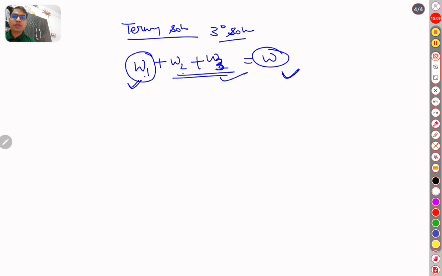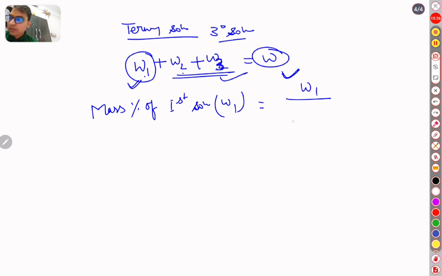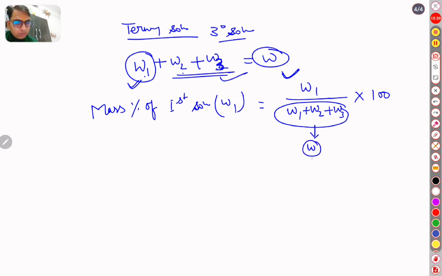Mass percentage of the first solute W1 is equal to W1 by W1 plus W2 plus W3 into 100.